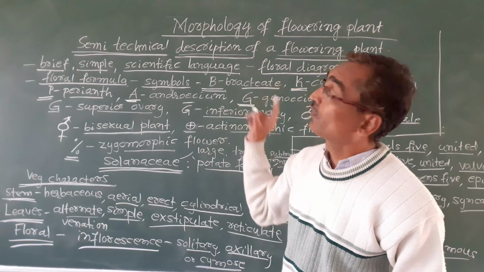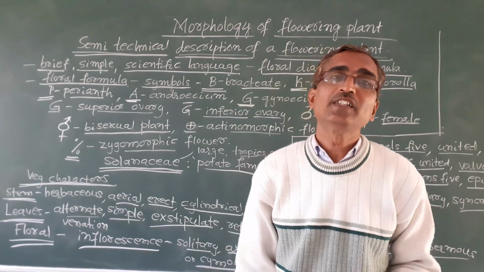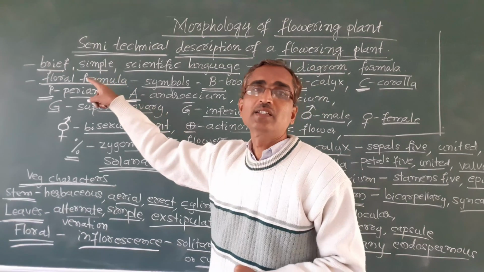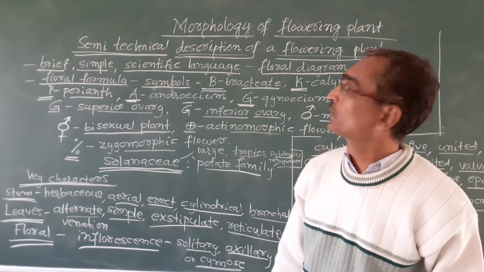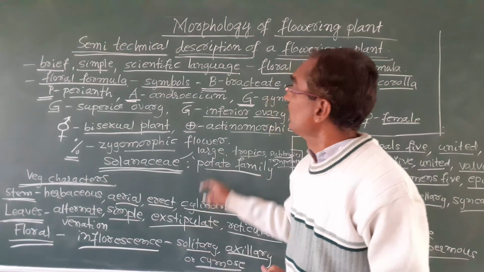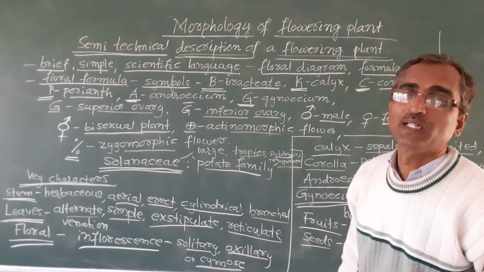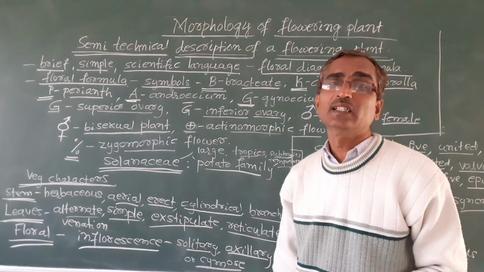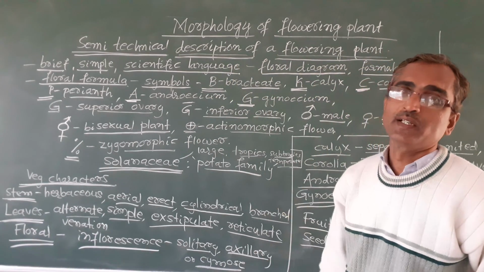These should be described briefly, that is short and simple, and in scientific language. Apart from that, there are also the floral diagram and the floral formula in the semi-technical description of a flowering plant.